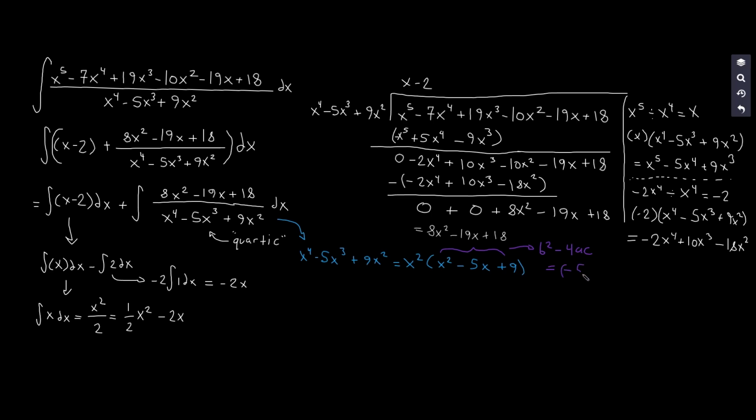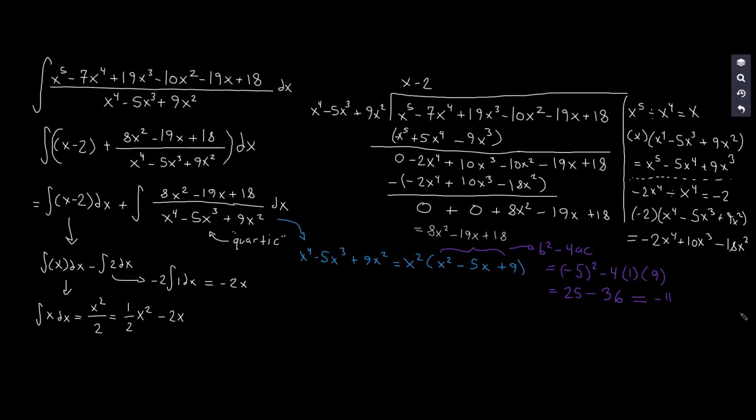Because I'm pretty sure the sign comes with it, so -5 squared minus 4 times A, which is just 1, and C, which is 9. Well, 5 times 5 is 25, minus, what is 9 times 4? 36. Oh, yeah, guys, it's going to be negative. What is that? -11? The discriminant is -11, and because this is negative, the quadratic can't be factored.